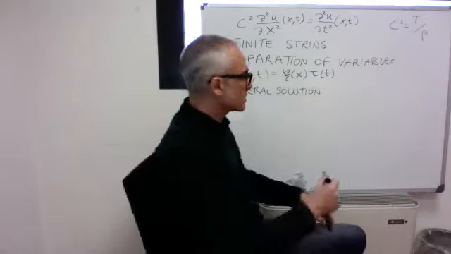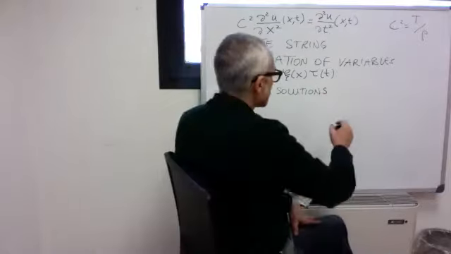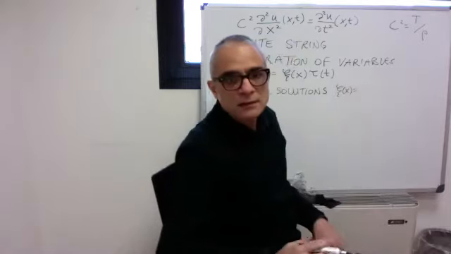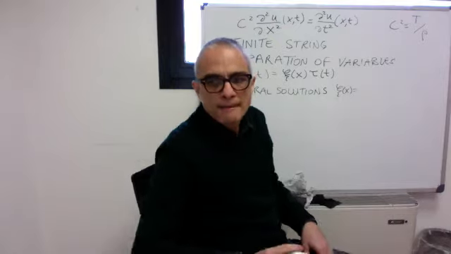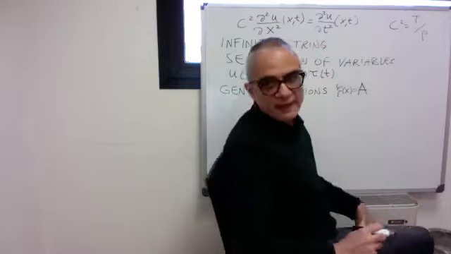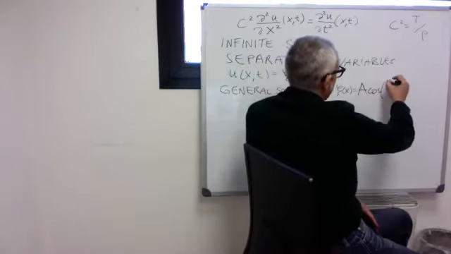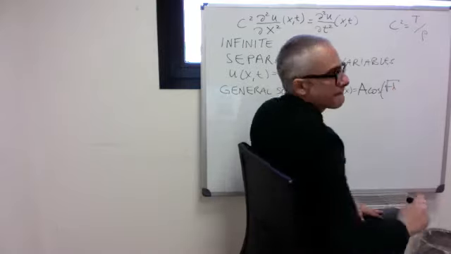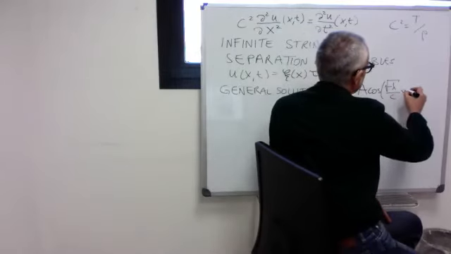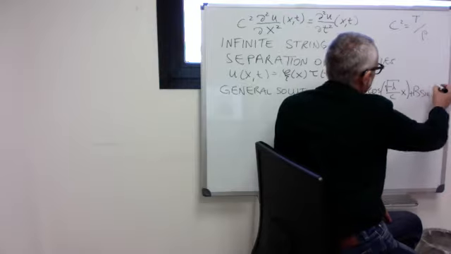For psi, we have psi of x equal some, for now, arbitrary constant A times the cosine of the square root of minus lambda divided by c multiplied by x plus B, the sine of the same thing.